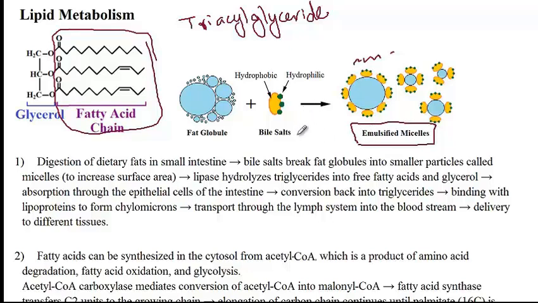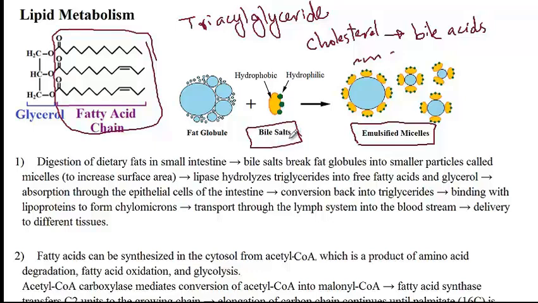Now, one question that I have for you here is: what's the difference between bile salts and bile acids? So we know that cholesterol is being converted into bile acids in the liver. But then what are bile salts? Basically, once bile acids conjugate to glycine or taurine, the conjugated form of bile acids are called bile salts.